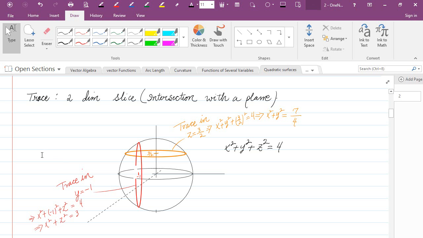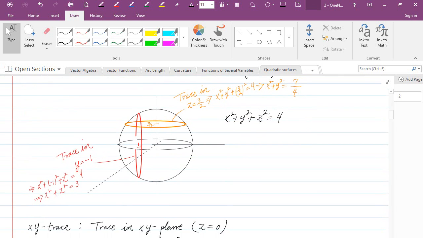Now let's look at the trace in the plane y is equal to -1. Again, how do I find the trace in the plane y is equal to -1? Y is equal to -1 is a plane that's parallel to the xz plane, and the intersection of the sphere with this plane would be found by plugging in -1 for y.